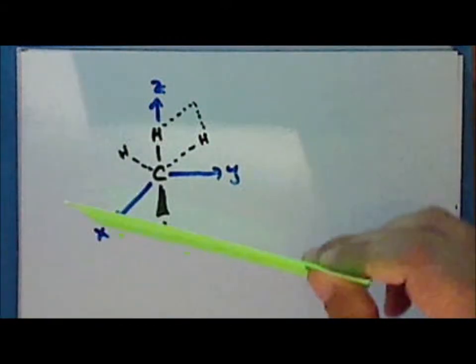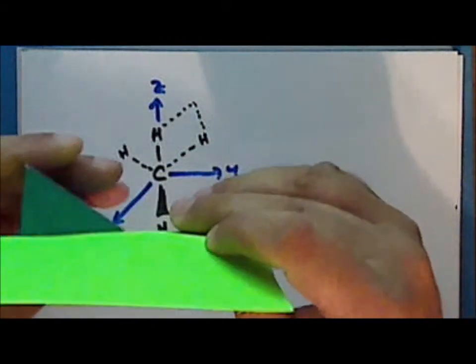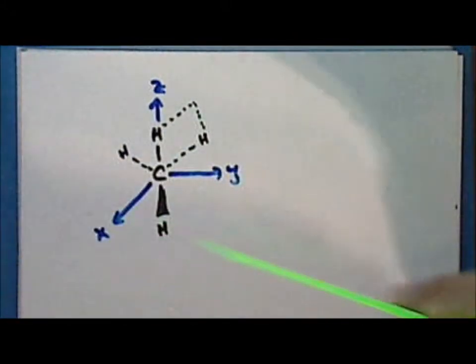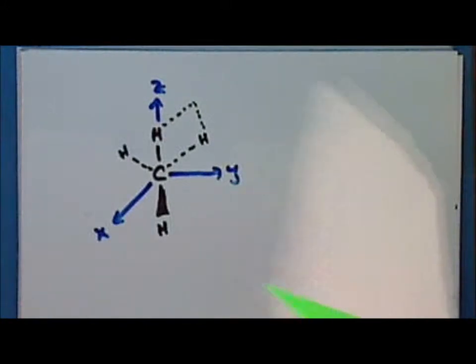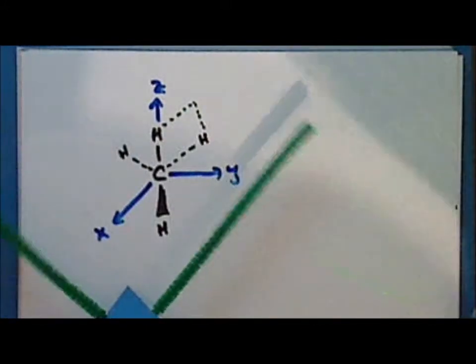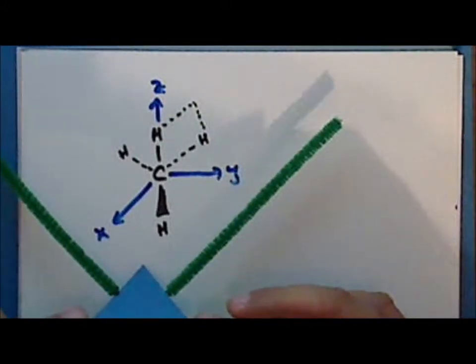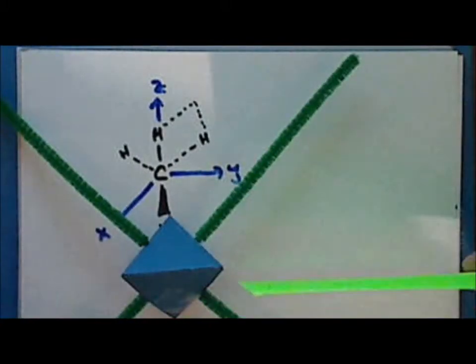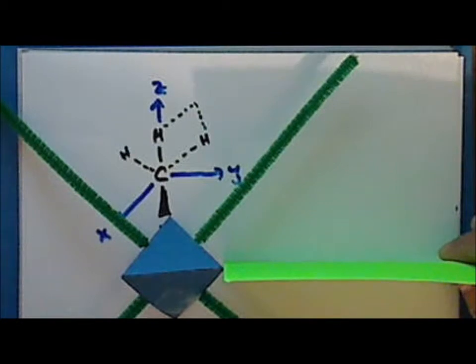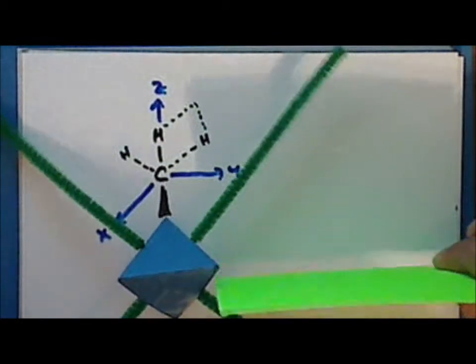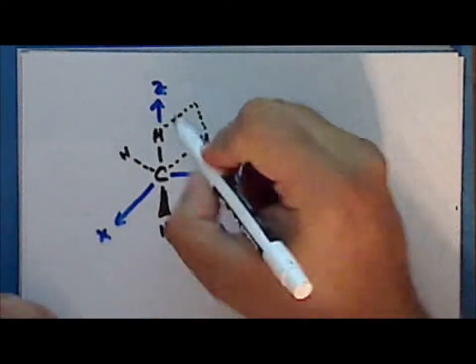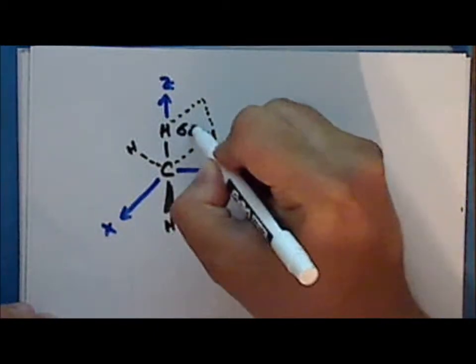And this plane is a mirror plane. Also notice that this plane, which again contains any 2 of the hydrogen atoms and the central carbon atom, also bisects two of the C2 axes. And so this is a dihedral mirror plane.